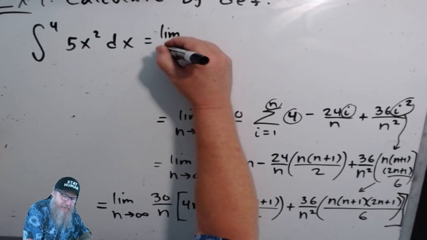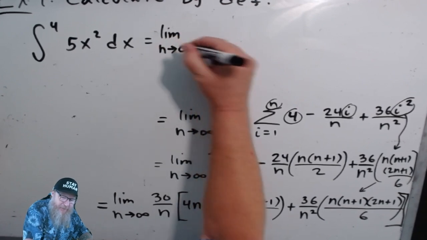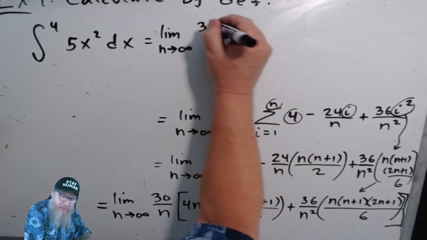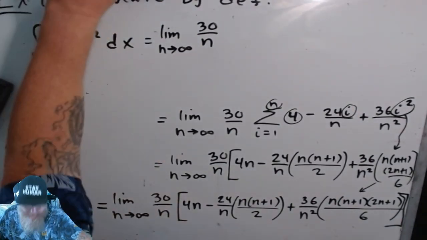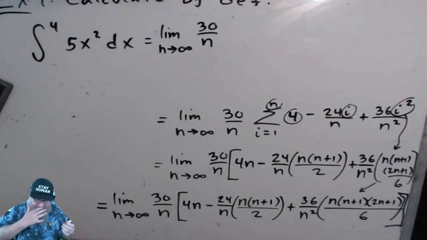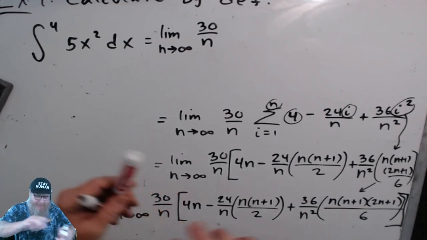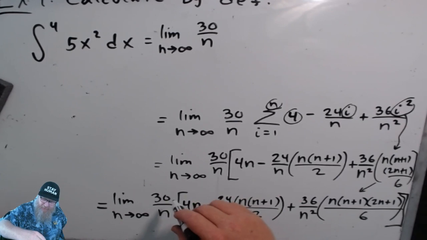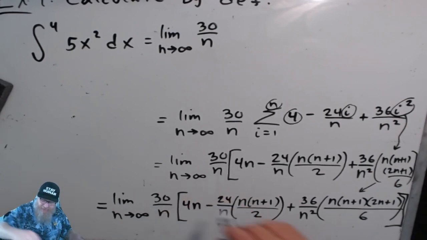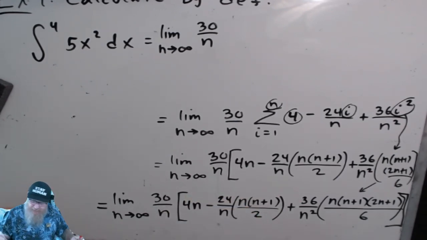The limit as n goes to infinity of 30 over n. Let's clean up some of this stuff. Yeah. Let's go ahead and put the 30 over n in. Actually, no, let's do some cleanup work first.